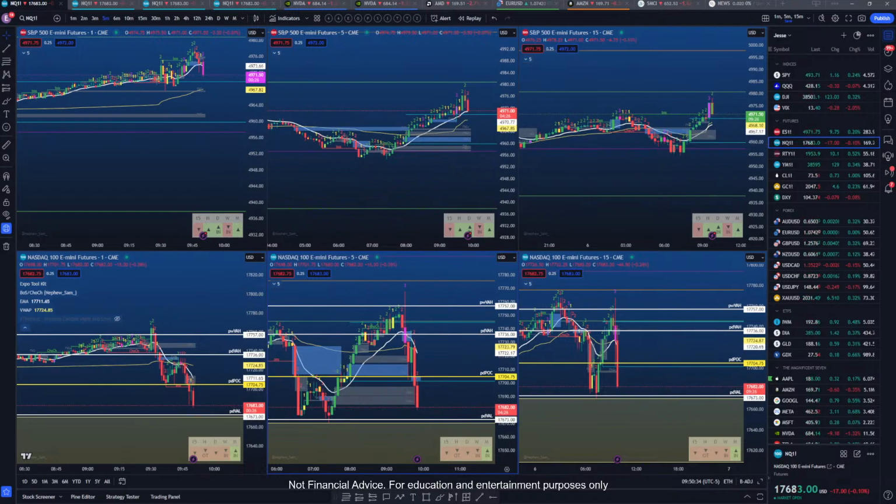Gonna hit a short here, 80.75 for 20 points. 2-1-2 down on the 1 minute, 2 down on the 5.